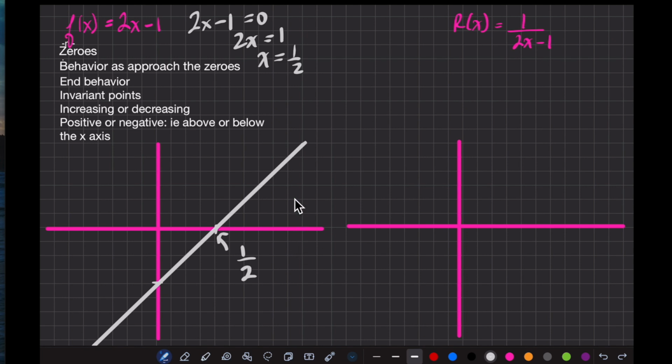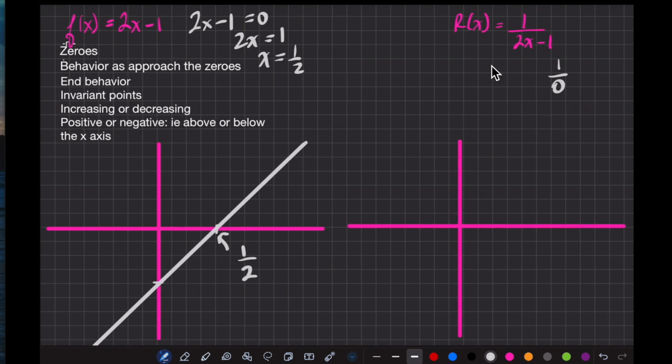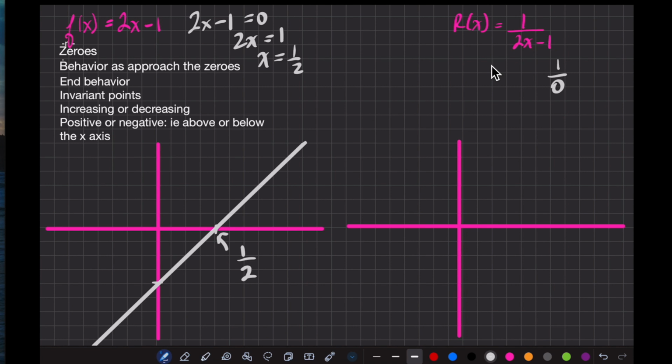Okay, now, wherever the original graph is 0, the reciprocal is going to be 1/0. So the reciprocal is going to be 1/0 when x equals 1/2. That means there is going to be a vertical asymptote on this reciprocal function at x equals 1/2.